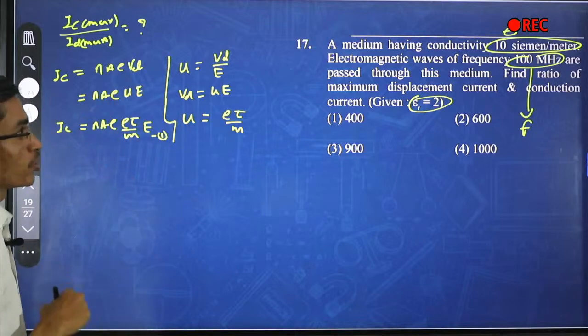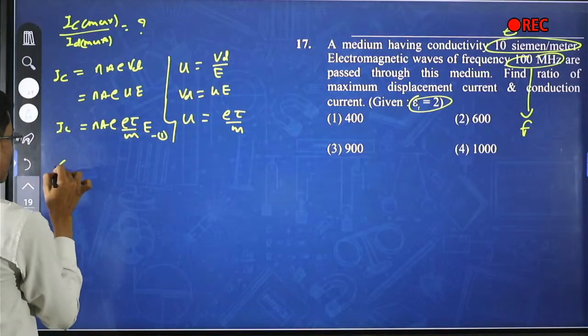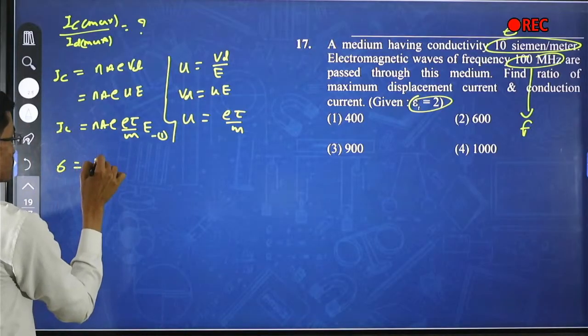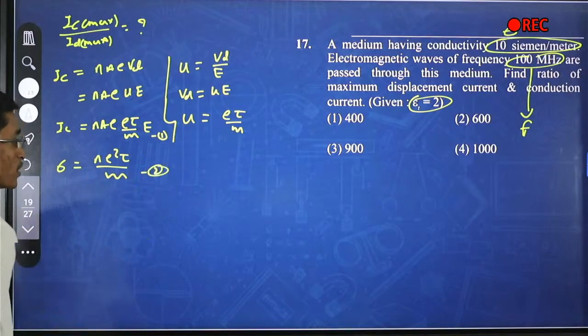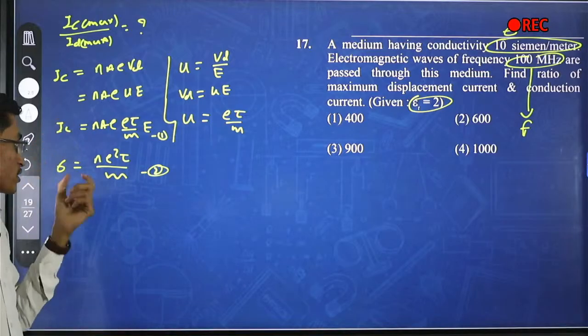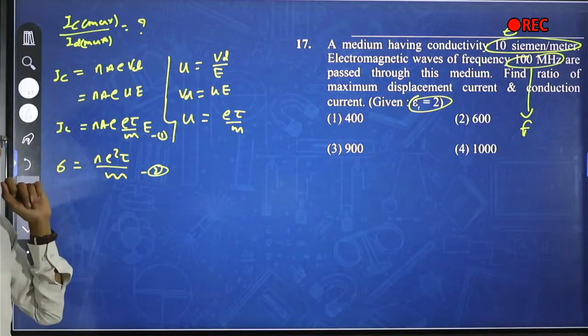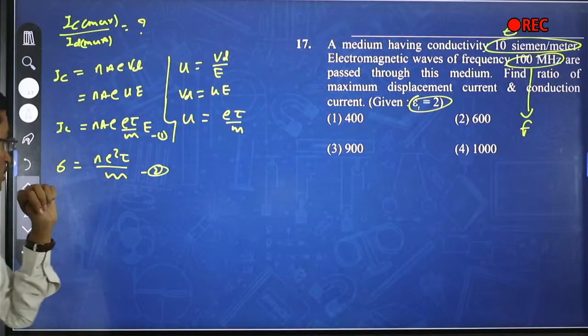Okay. We want to introduce sigma. So the formula of sigma is equal to N e squared tau by m. Let us call this equation 2. Let us take the ratio of these two equations because we have the value of sigma and not of tau and m and mass.